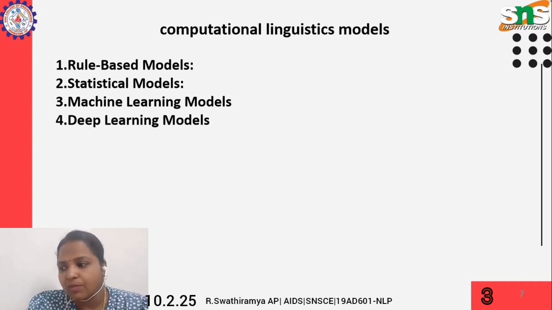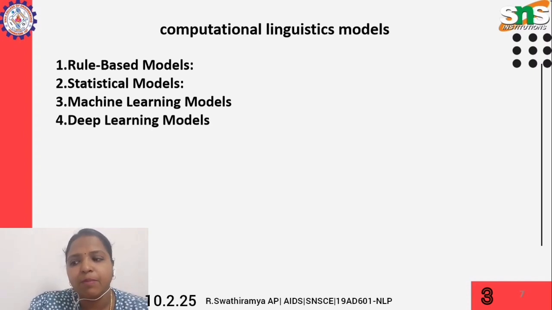Then the last model, that's the deep learning model. Deep learning models are particularly related to neural networks and deep neural networks. These are the four models we are dealing with to understand human languages.